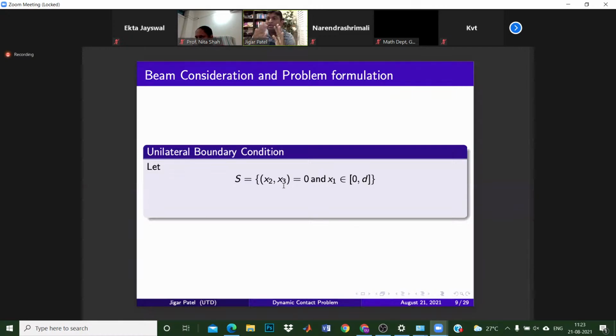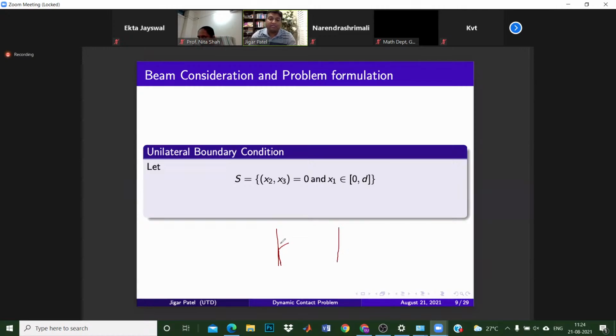Now think about it: this involves many interesting situations. It might happen that the crack could close something like this. So you have a supporting wall, let's say this part is fixed, and here is a crack.